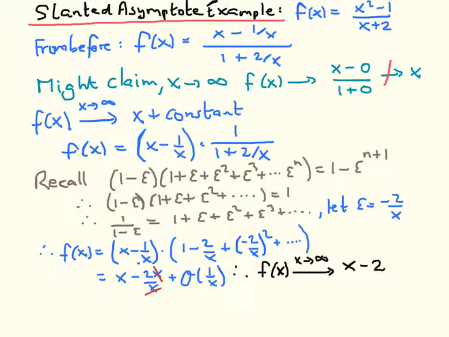So this is our result, and this is the slanted asymptote for this function here.